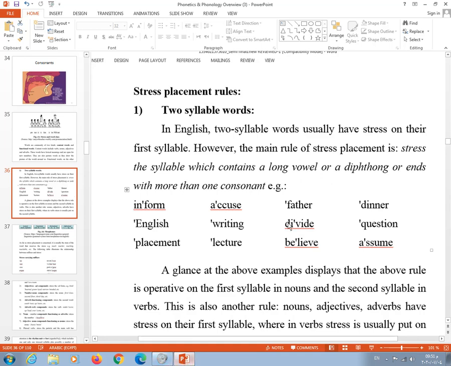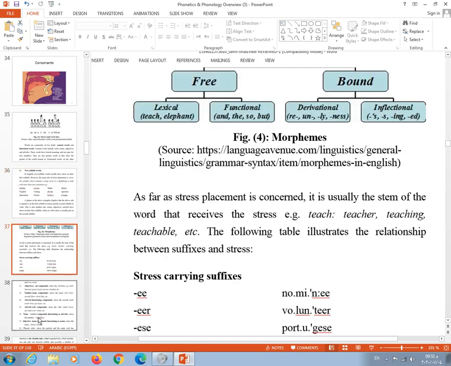This rule says that we stress the syllable which contains a long vowel or a diphthong or ends with more than one consonant. This rule is not absolute. It's a general one. There are exceptions, but anyhow, it can help us as a guideline in this important affair.